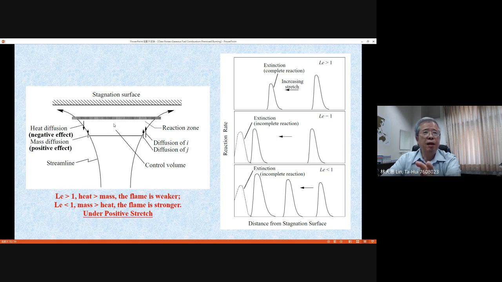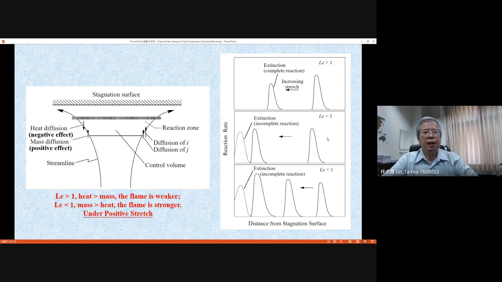But for the opposite jet flow, you need to try to imagine this stagnation surface. Basically, it's virtual. Then you may not have a so-called heat loss. The only reason for the flame extinction is incomplete combustion. Okay, incomplete reaction. This is the reason for the extinction for these two cases with Lewis number equal to 1.